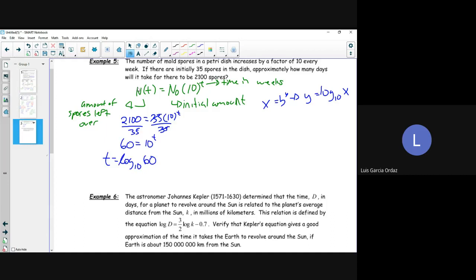So you get about 1.78. So you get t is equal to about 1.8. But because our answer is in weeks and we want it in days, what do we have to multiply it by? Seven. So we take t, 1.8 times 7, and t gives us approximately 12.4 days.